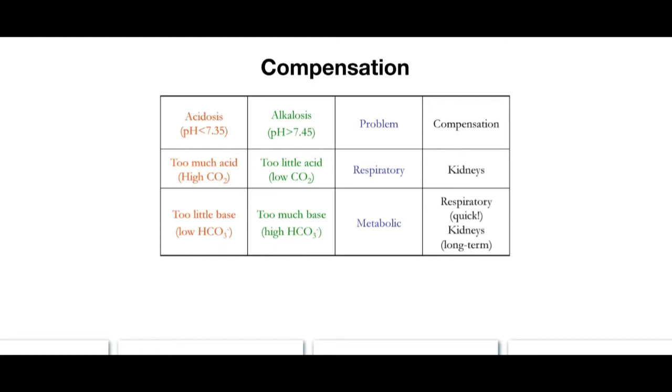So that would be your metabolic acidosis or your metabolic alkalosis. Compensation, the fastest way would be the respiratory system. Okay, if you are acidotic, stimulate an increase in ventilation, you blow off some of that extra CO2 that helps to compensate for the fact that you have very little base.